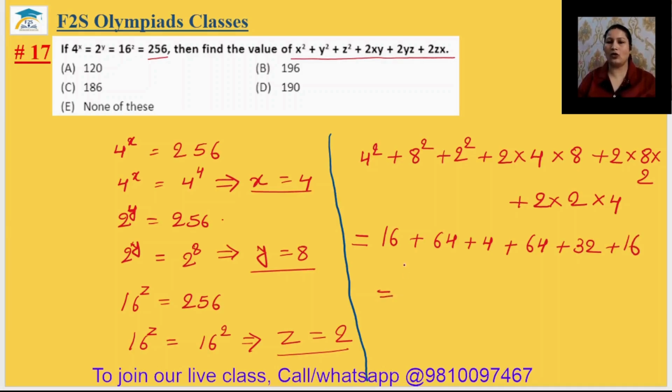If you add all of them, 16, 64, 80, 84, 88, 148, 150, 180, 190, 196. 196 is available in option B. So the 17th answer is option B.